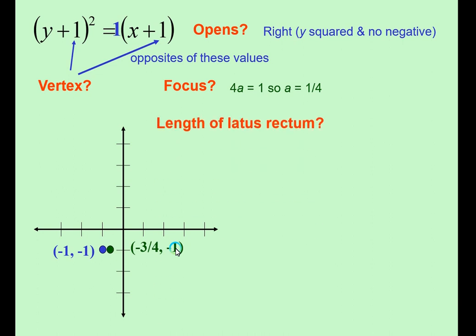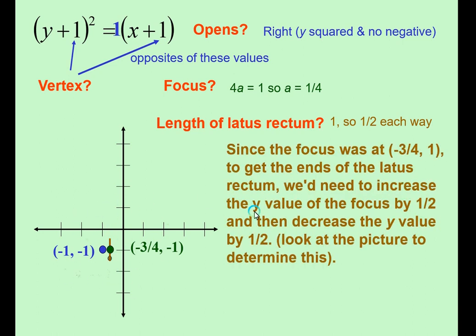Now what is the length of our latus rectum? Based on the equation, 4a is equal to 1. Therefore, our 4a, or the length of our latus rectum, is also equal to 1. So if we graph, we have to move 1/2 unit upward and downward. So this one is our latus rectum. If we plot it, we will have -3/4, -1/2, and -3/4, -3/2.